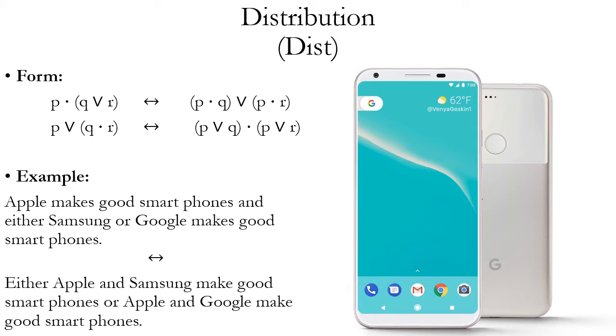So that's true regardless of whether Samsung or Google also make good smartphones. And that's reflected in the second version of the proposition because you're saying either Apple and Samsung or Apple and Google. Either way, Apple is making good smartphones according to this proposition. And then you're leaving it up to the disjunction, well, either Samsung or Google also make good smartphones.